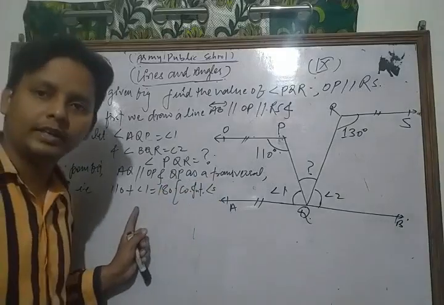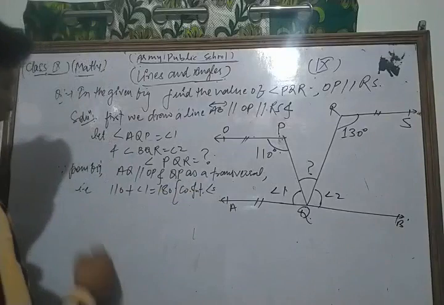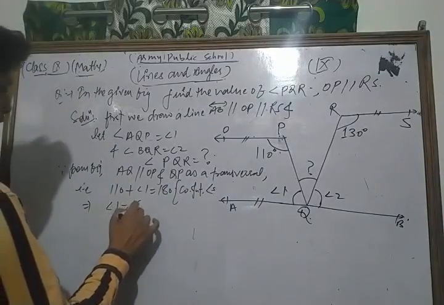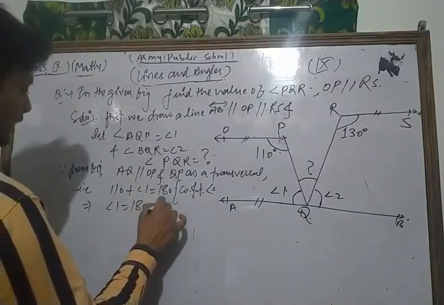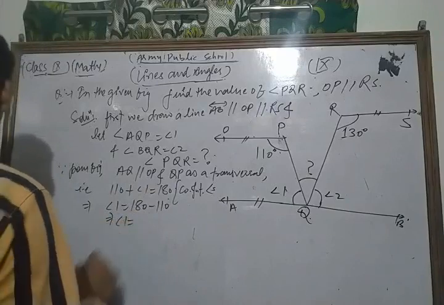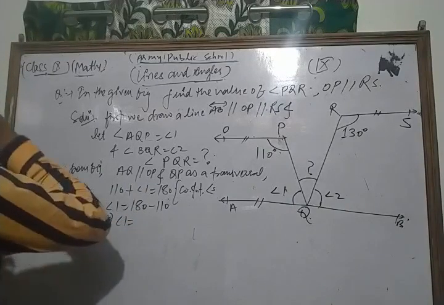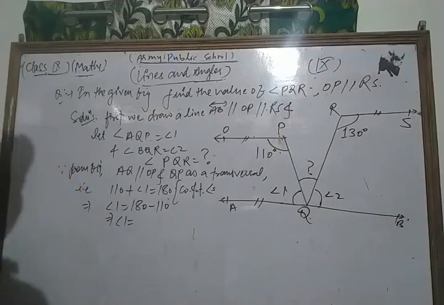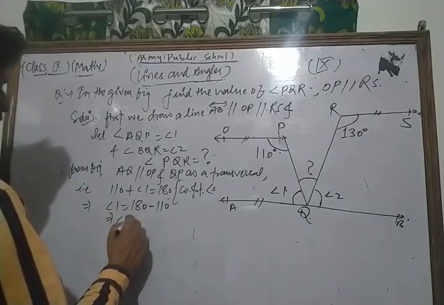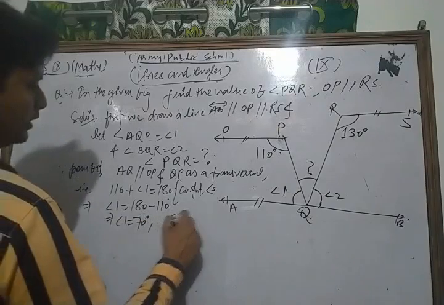From there we get angle 1 as 180 minus 110, so angle 1 is equal to 70 degrees.